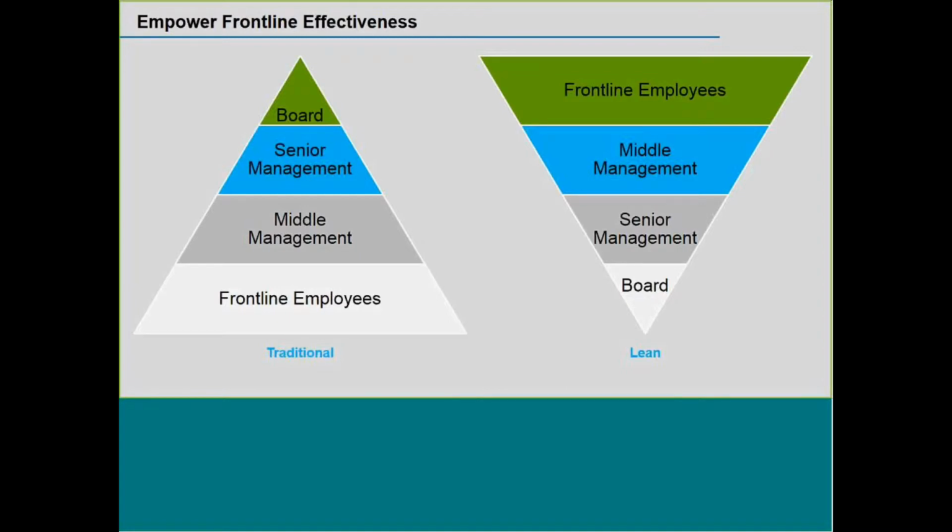In a lean organization, though, we turn this pyramid upside down. It is the frontline employees that should be gathering up most of the information to communicate that to the board. This allows us a much wider base for communication intake from the voice of the customer.